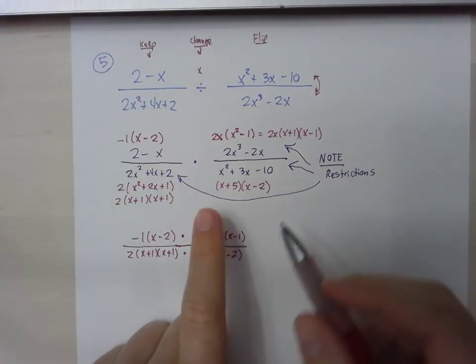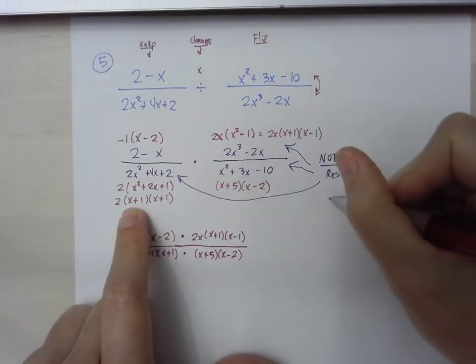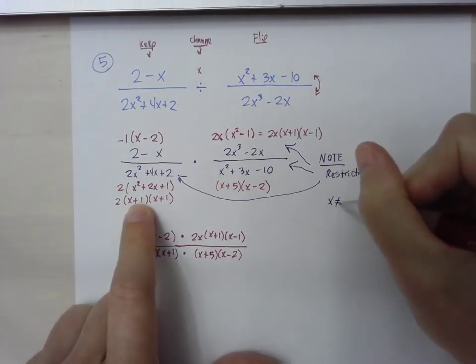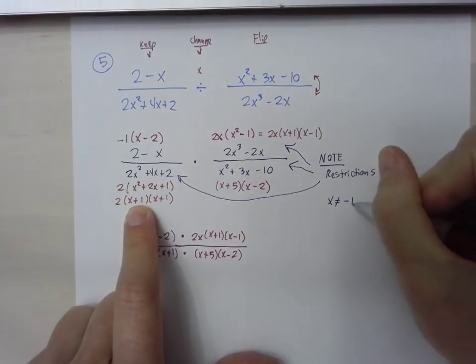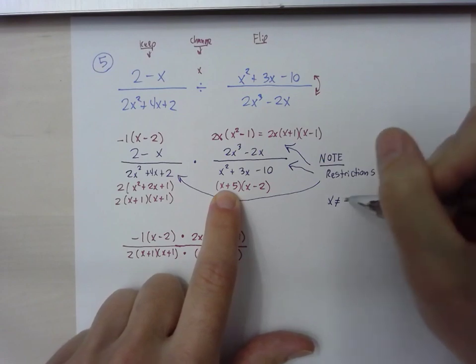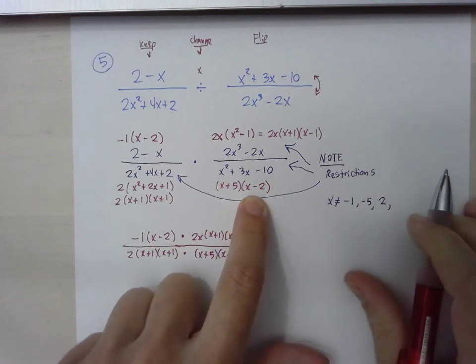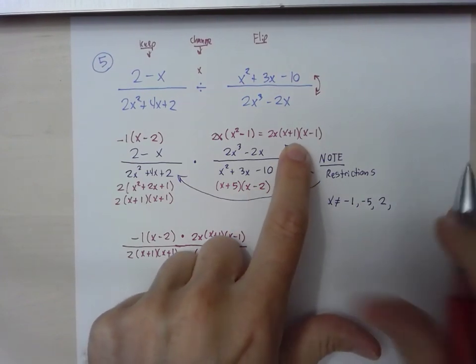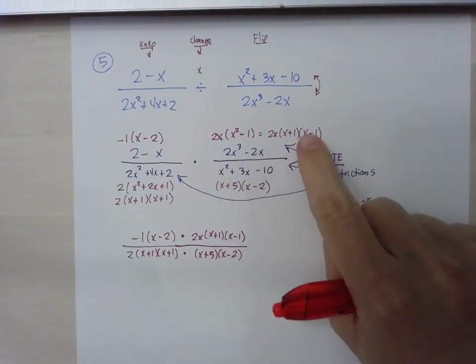So my restrictions in this case are going to be x cannot equal -1, and -1 again, so just -1 once. x cannot equal -5. x cannot equal 2. But if you go up here, x can also not equal 1. 1 is going to make that 0.